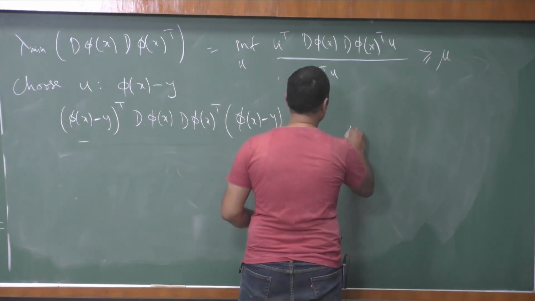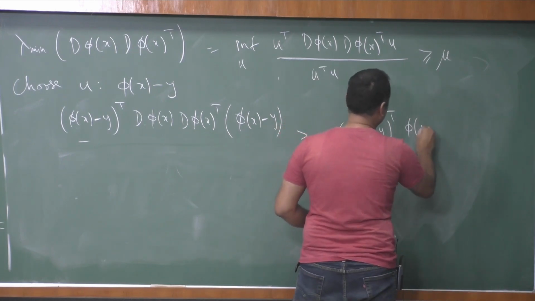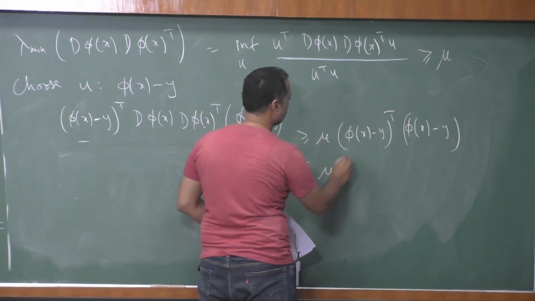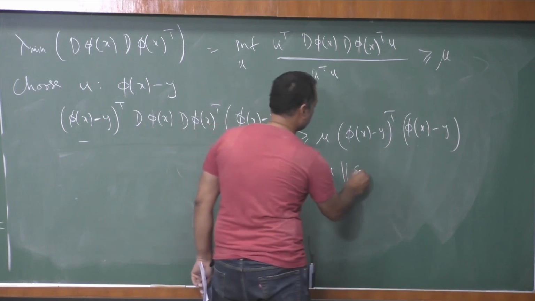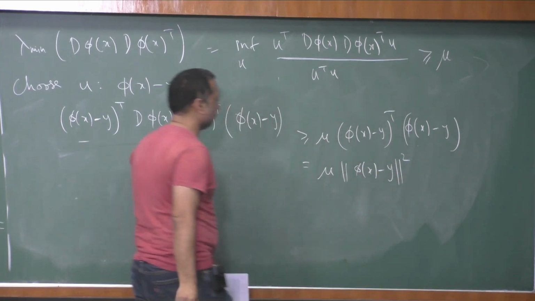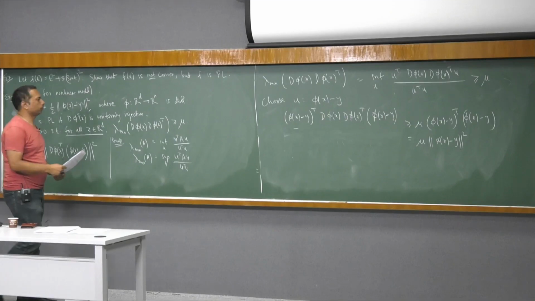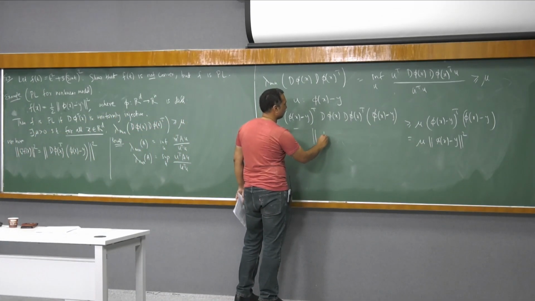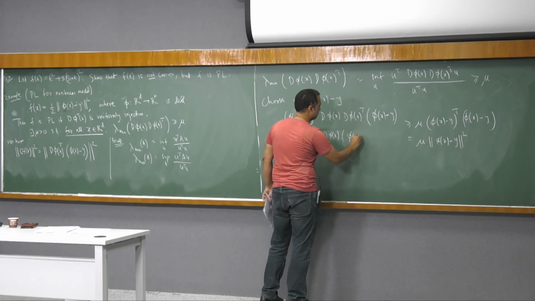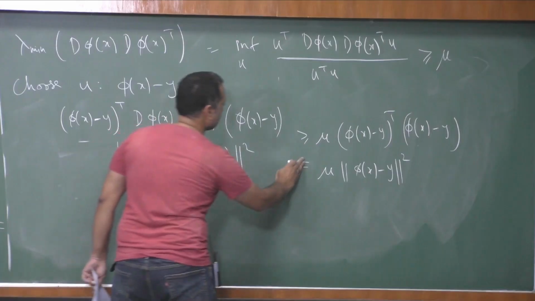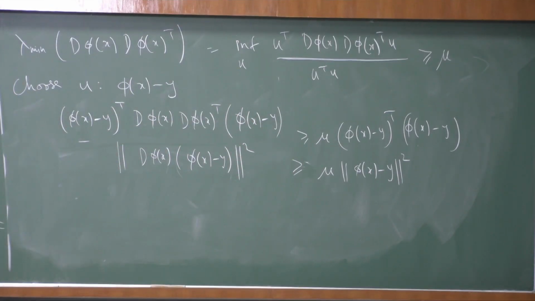So this is phi x minus y transpose phi x minus y, and this is mu, and this is the norm of phi x minus y squared, and this guy here is the norm of d phi transpose phi x minus y squared, and this is greater than or equal to mu.